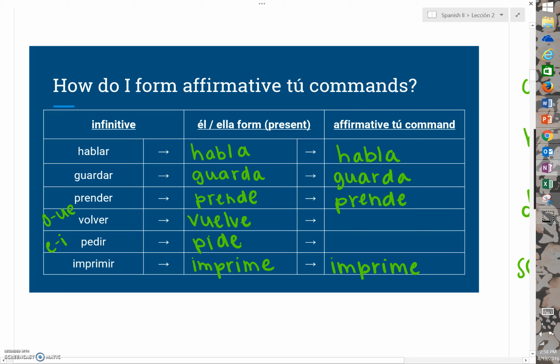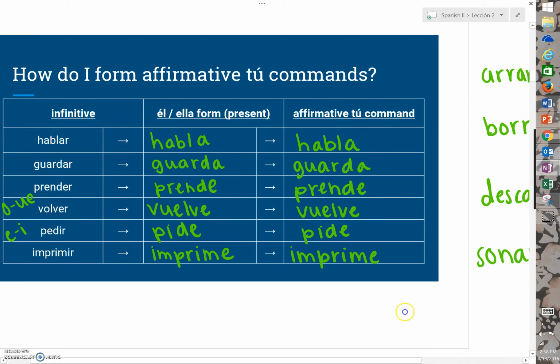When we have a stem-changing verb, we have to include that stem change when we make it an affirmative tú command. Makes sense, right? All we're doing is taking the él, ella, usted form. Therefore, if the él, ella, usted form has a stem change, our affirmative tú command also has a stem change. So the command would be vuelve for volver and pide for pedir.